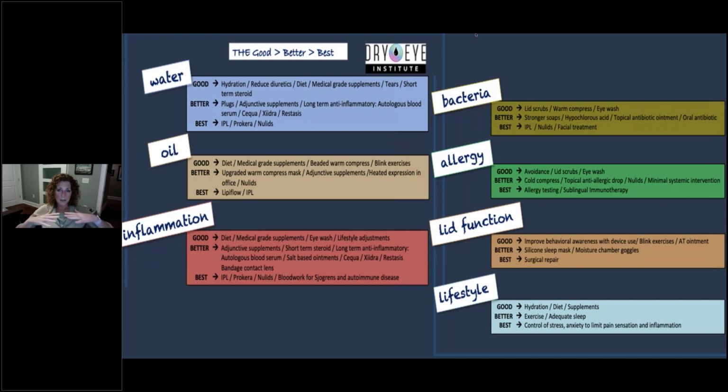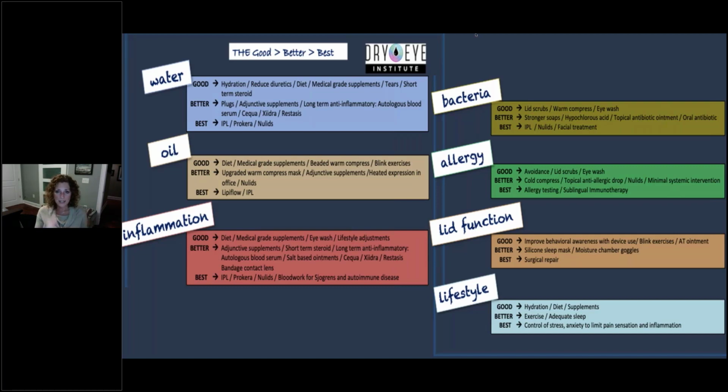Now, at that time, I'm also going to go through the other problems. So I'm going to say, all right, you've got an oil problem, you've got an inflammation problem. That's your oil, here's the inflammation, good, better, best. Good is going to be the same. It's lifestyle, it's diet, it's stress mitigation and anxiety and better sleep and reducing any systemic inflammation. It's the nutraceutical. Better, I don't know if it's better, but it's more aggressive, is all the drugs.